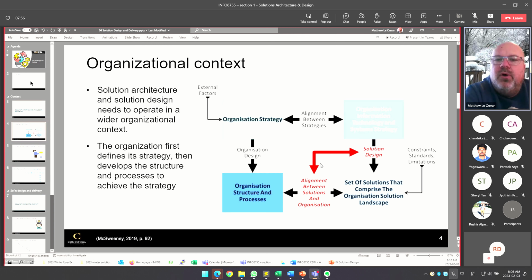The issue, though, is for your solution architect role to be able to advise on those strategies, the solution architect needs to understand the business. And we have structures and processes in place. So quick question to you, who from IT is generally responsible for understanding the business or gathering information?